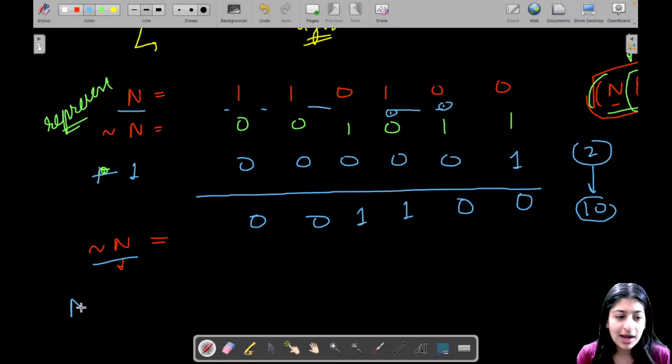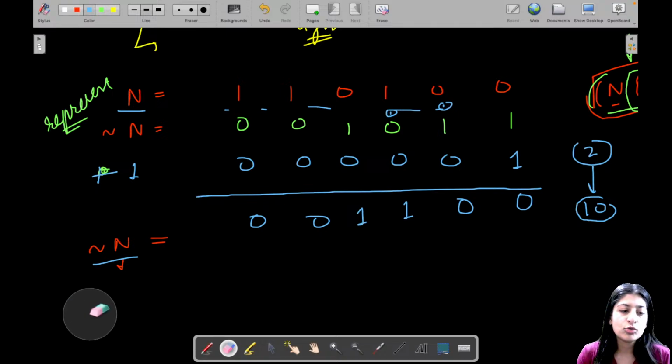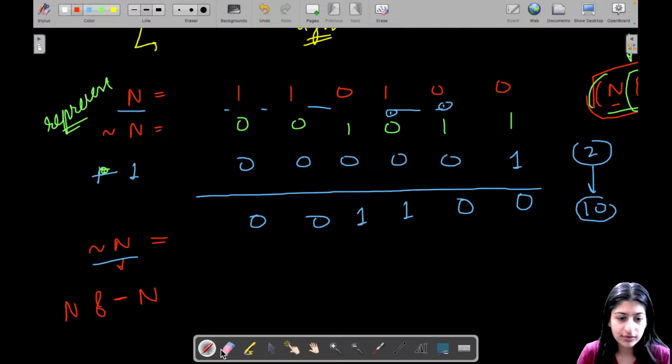Now we want to do bitwise AND operation on n and 2's complement of n. So what will we get from there? I am just writing what I am doing, add 1. Fine. And then you got 2's complement.